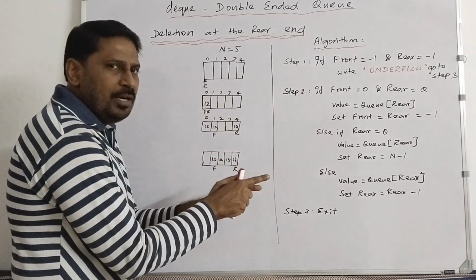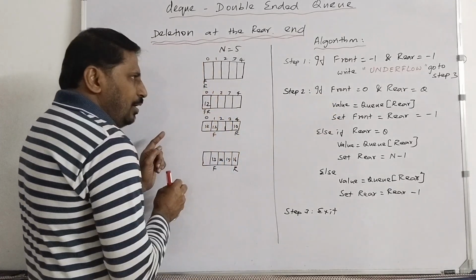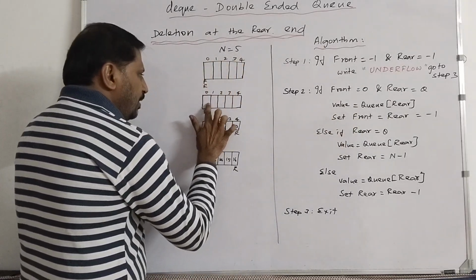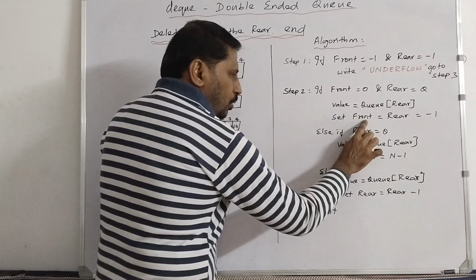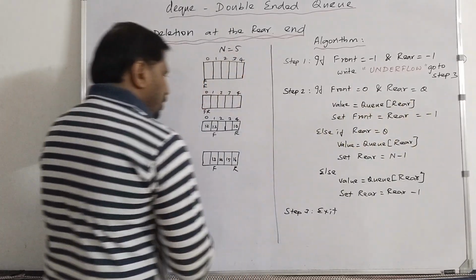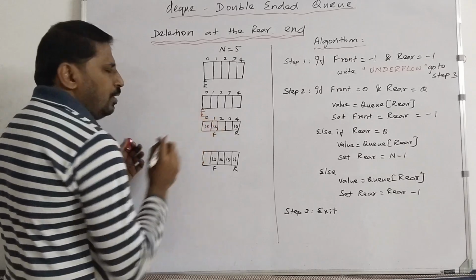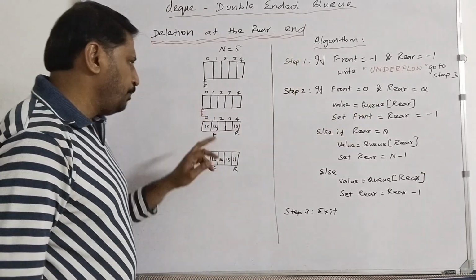It is the only element in the queue. So after deleting that element, value equals q of rear. After deleting this, what happened? It is empty. So that's why we set front equal to rear equal to -1. So automatically front and rear come here. The value of both the front and rear pointers is -1.